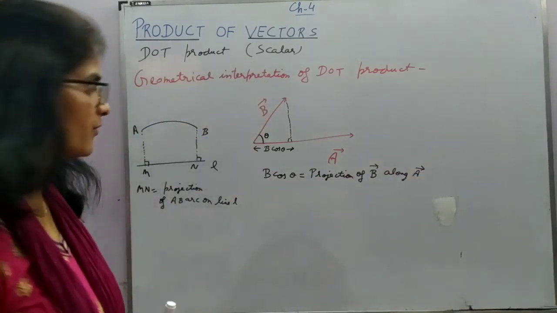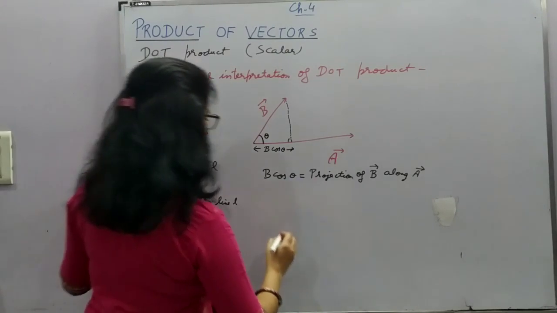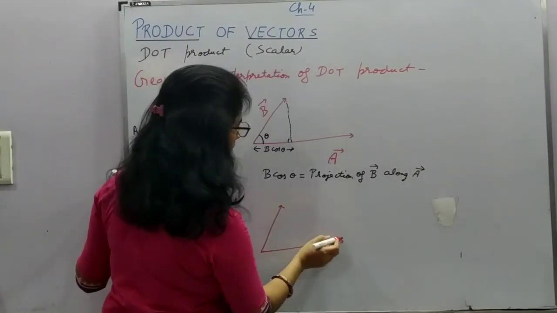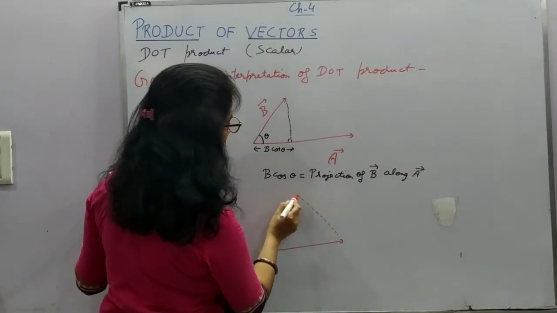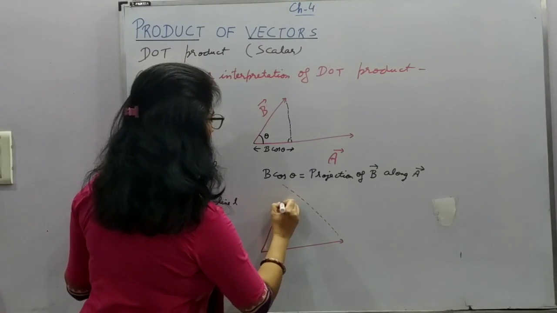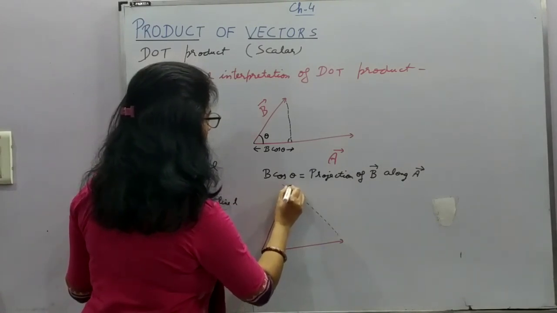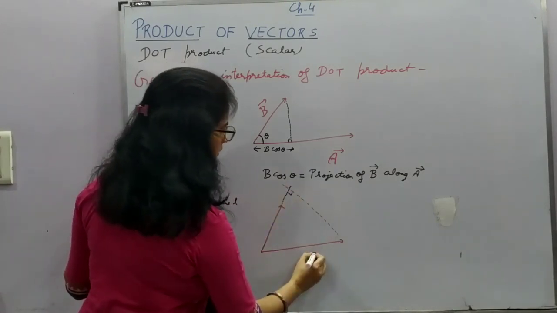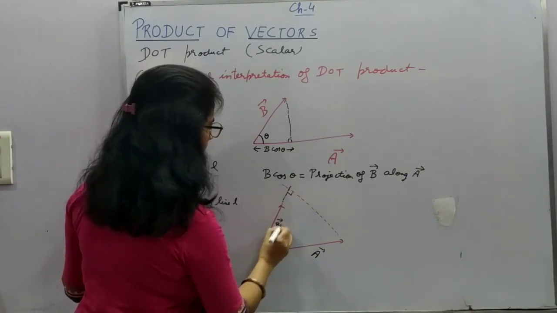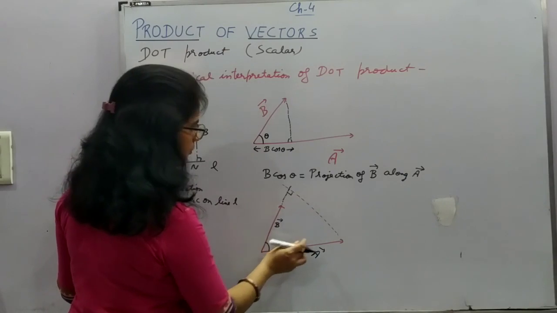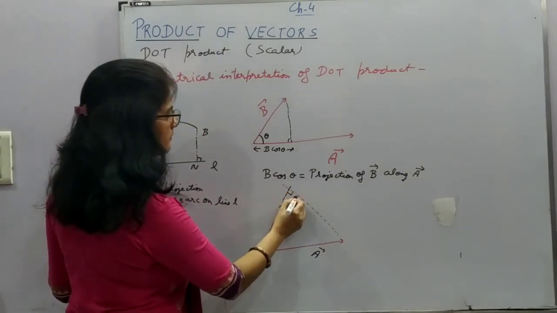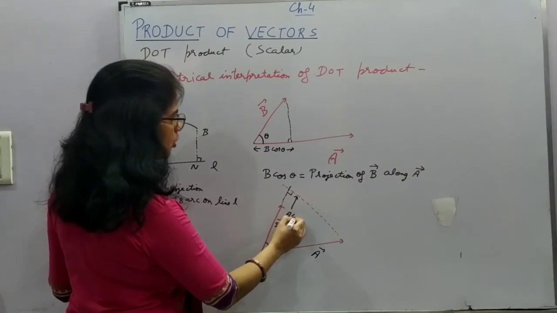We can take the other way around. I can take the projection of this A vector along this B vector, but I'll have to extend this direction. This is the A vector, this is my B vector, and this is theta. So what will be this value? This value will be A cos theta.